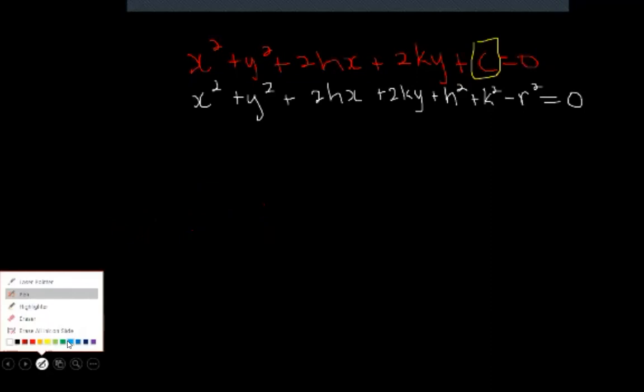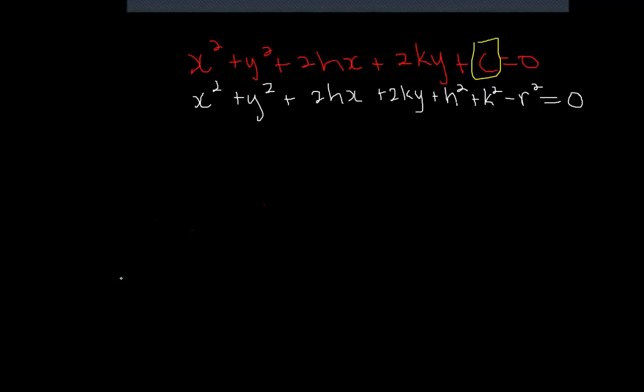Next thing you want to do, you want to group all the like terms. So first I'll group all the terms with x in them, all the terms with x and then the ones with h's as well. So that's x squared plus 2hx plus h squared, and then I'll group all with y and k.